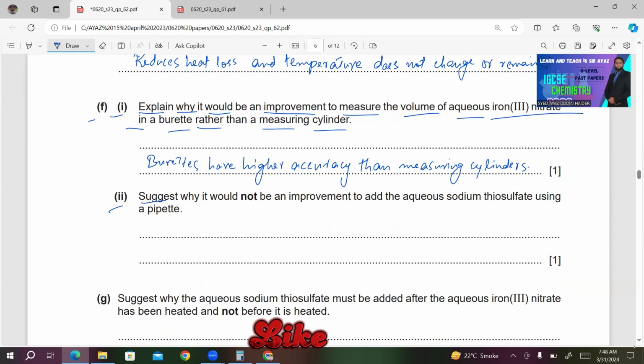Part 2, suggest why it would not be an improvement to add the aqueous sodium thiosulfate using a pipette. The reaction will start while still adding sodium thiosulfate.